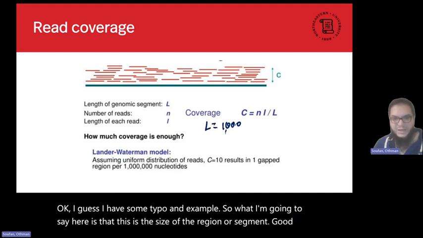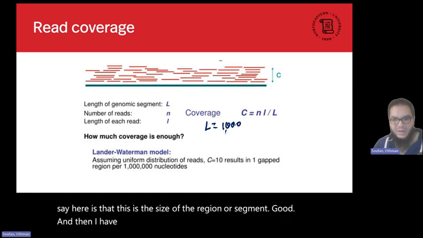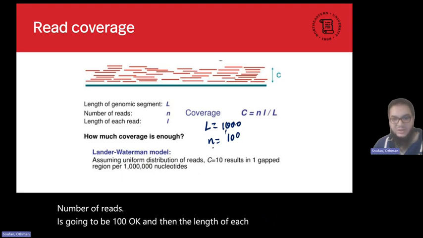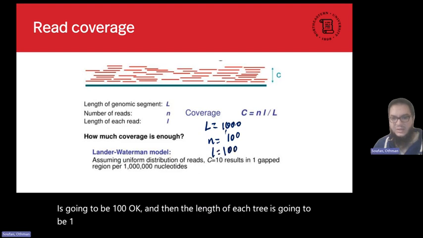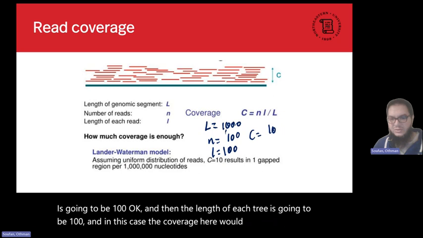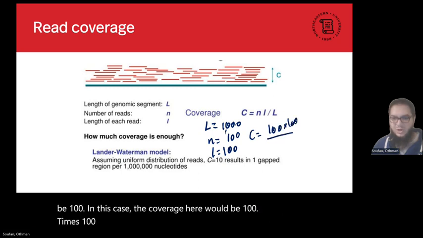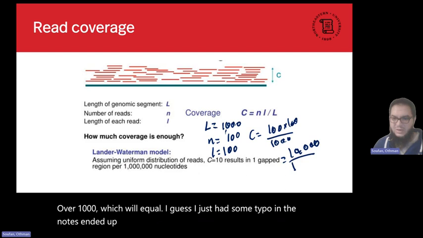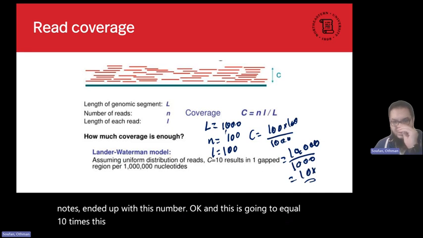Then the number of reads is going to be 100, and the length of each read is going to be 100. In this case, the coverage would be 100 times 100 over 1,000, which equals 10 times. This is how we read it.